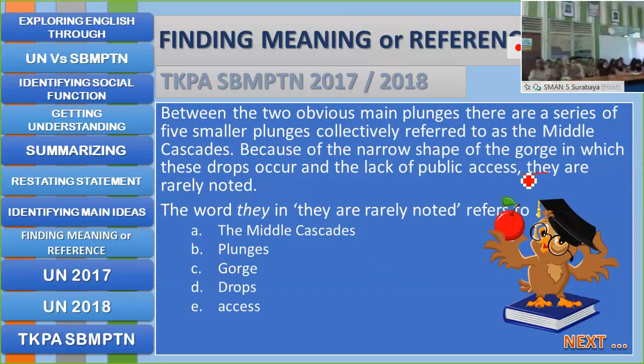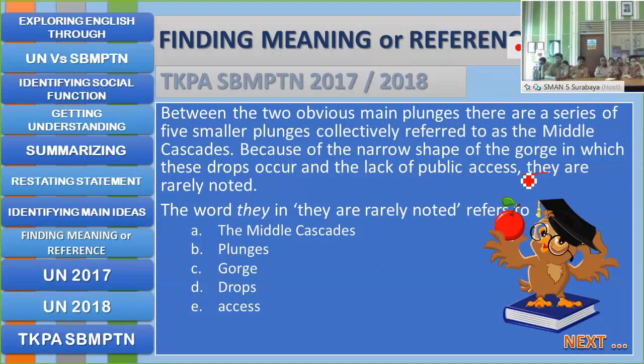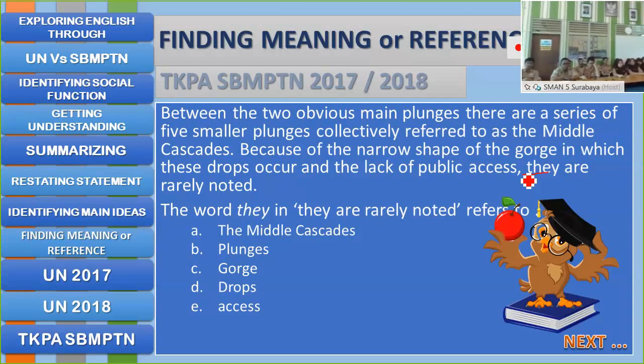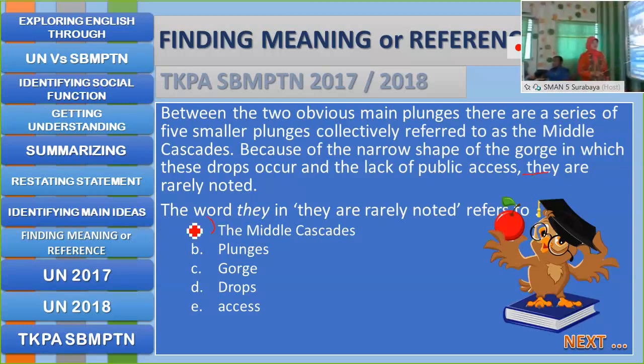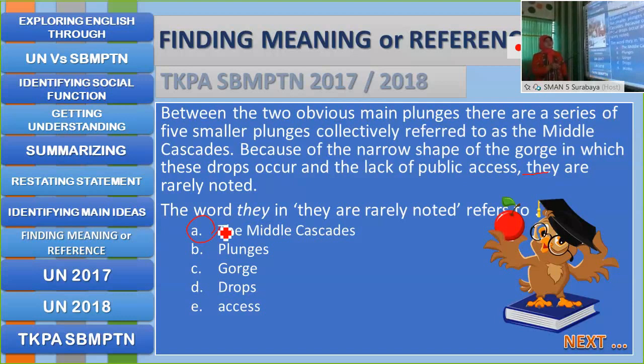The plunges, the gorge, all referred to the middle cascades. Because of the narrow shape of the gorge and the lack of public access, they are rarely noted. So they here refers to the middle cascades. Nah, itu plunges, gorge itu kan semua menunjukkan, mendeskripsikan the middle cascades.